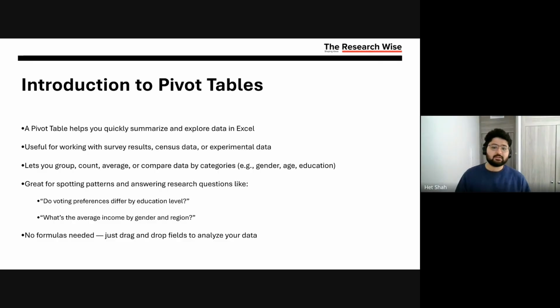They're not going to replace your t-test. That's not what pivot tables are used for. Pivot tables are mainly used for descriptive statistics. They're just used to describe your population. They're not useful for answering inferential questions. That does not happen with pivot tables.